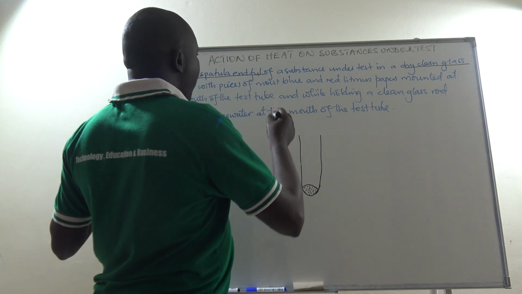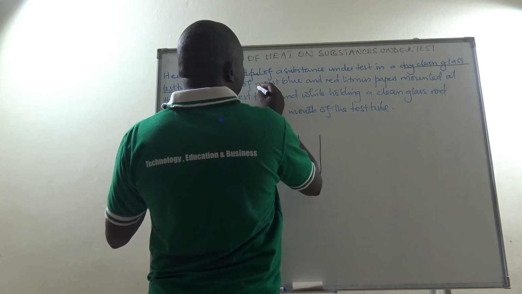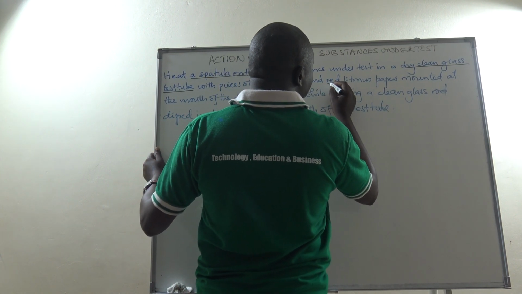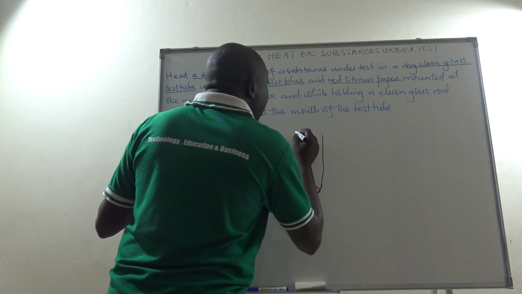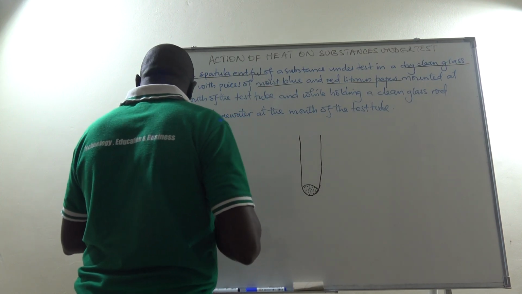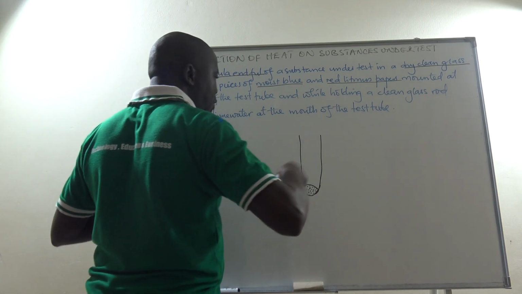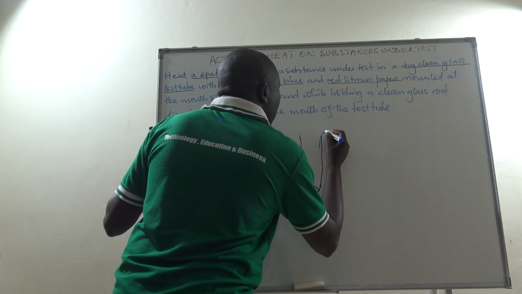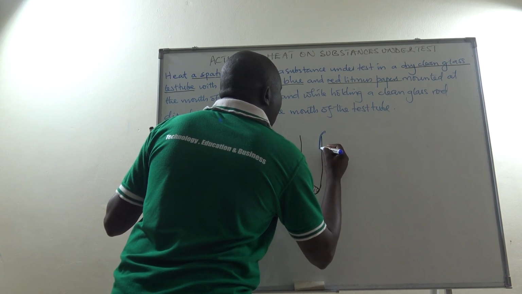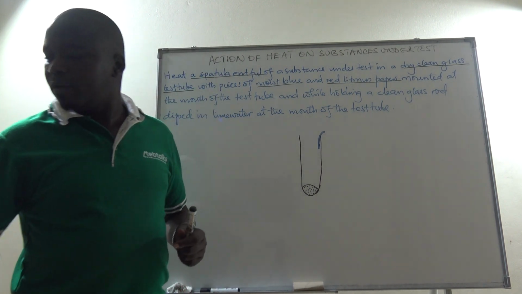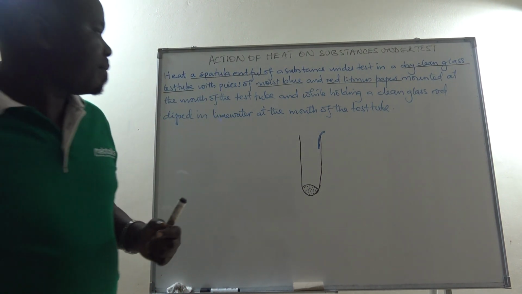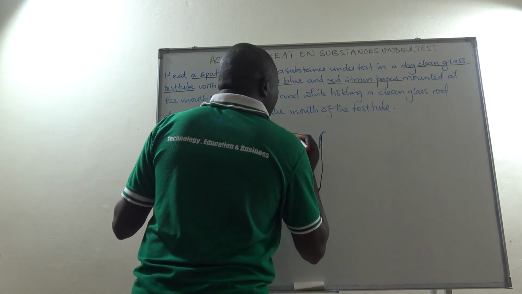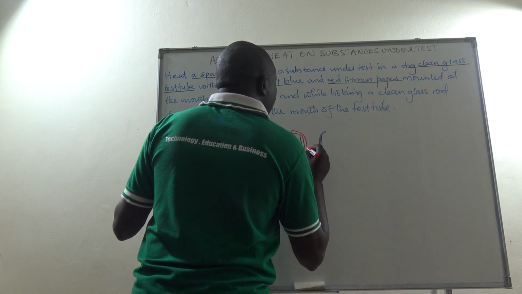Next is, you must have a piece of moist blue litmus paper and moist red litmus paper mounted here, blue and red. A blue litmus paper mounted here, at the mouth of the test tube, and also a red litmus paper which has been moistened also, mounted here at the mouth of the test tube.